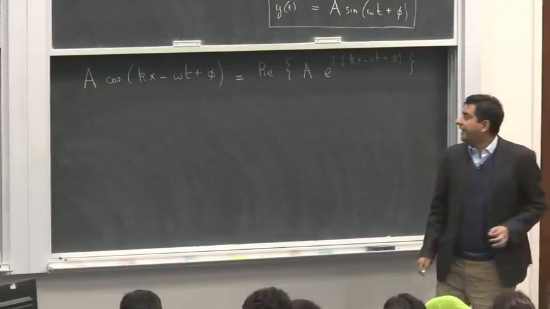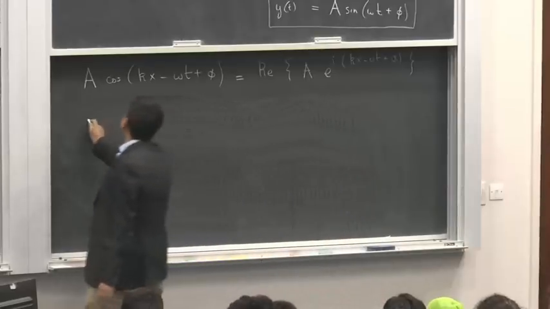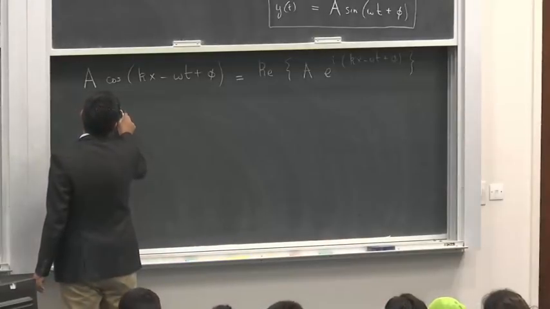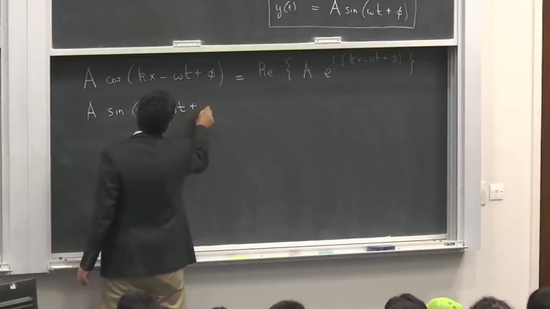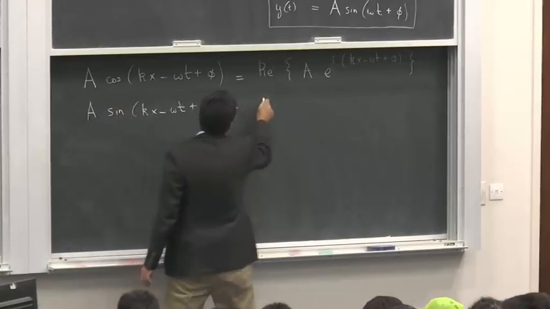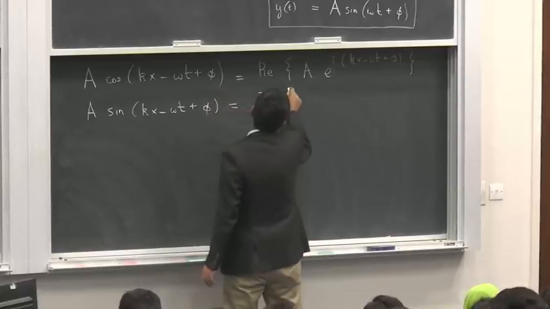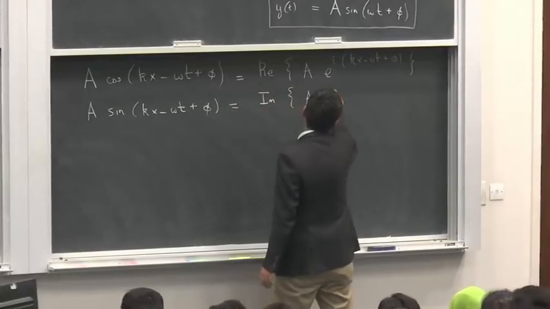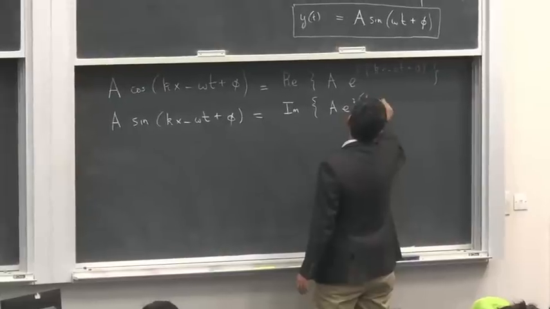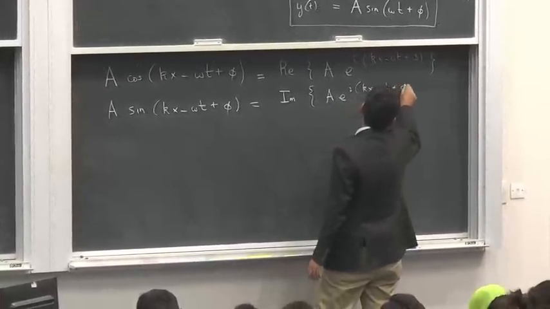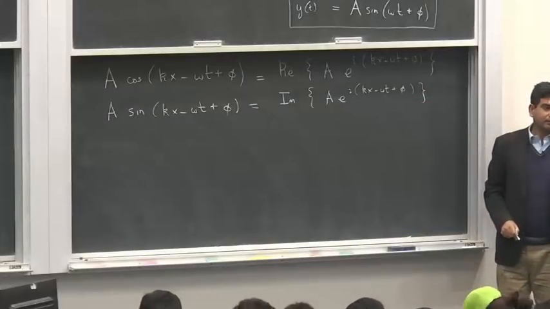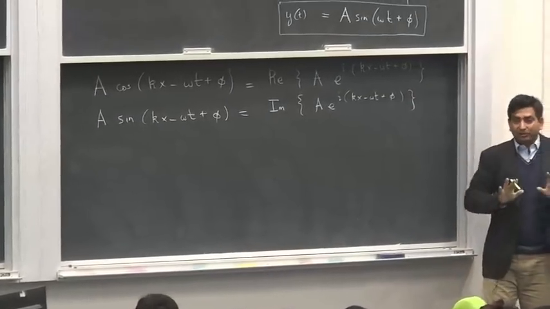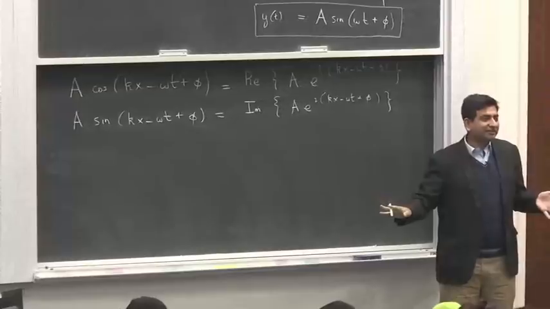Alright? If I had a sine of kx minus omega t plus phi, this would be the imaginary component of the complex number. Now, there's only notation here, right?